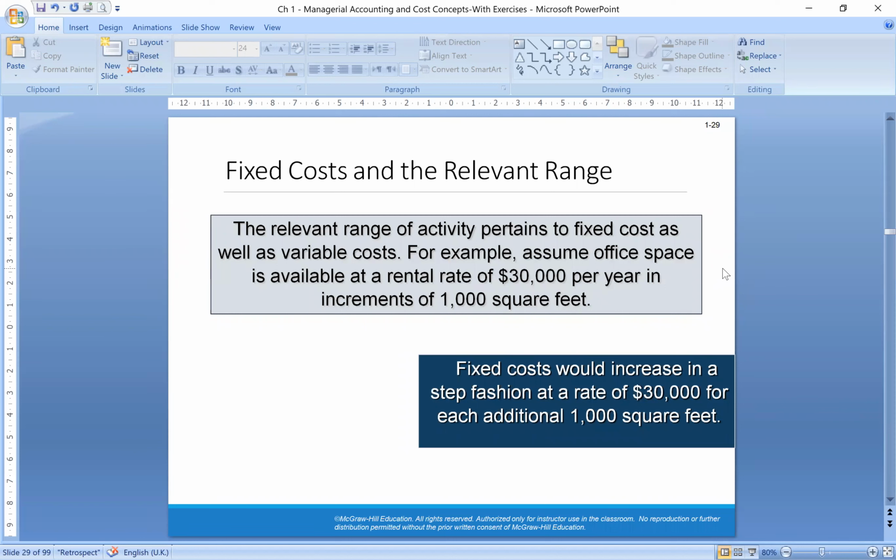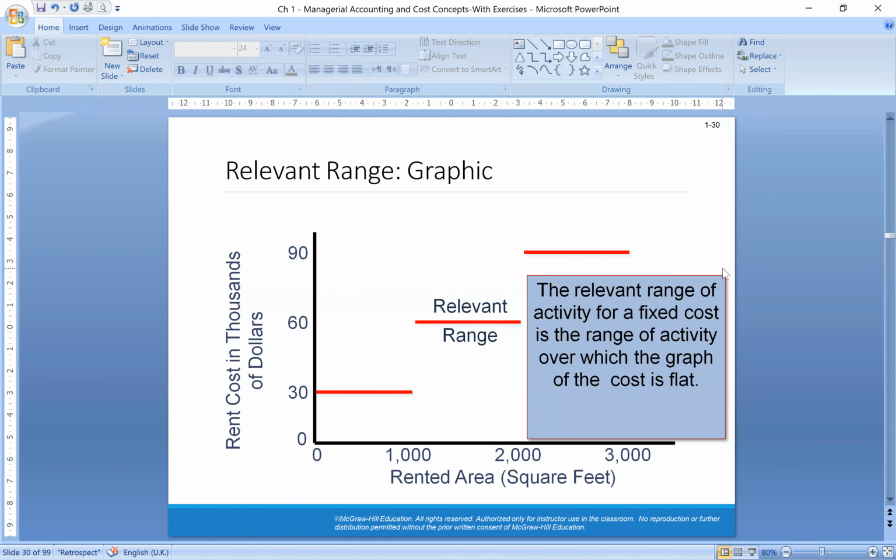We do have an office space and we are paying $30,000 per year for 1,000 square feet. On the y-axis is the rent cost in thousands, $30,000, and the x-axis refers to the level of activity, which is square feet or rented area. So we are using 1,000 square feet of office and we are paying $30,000.